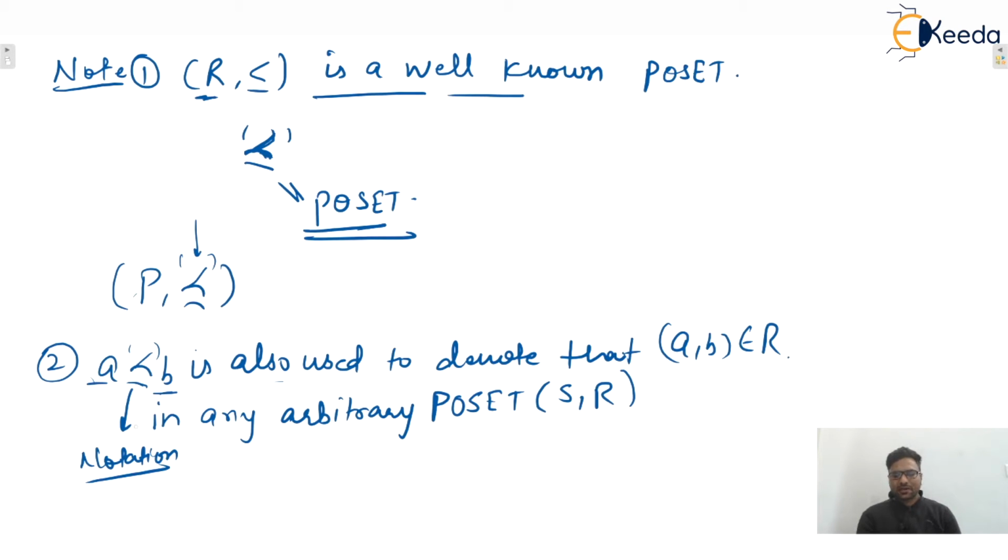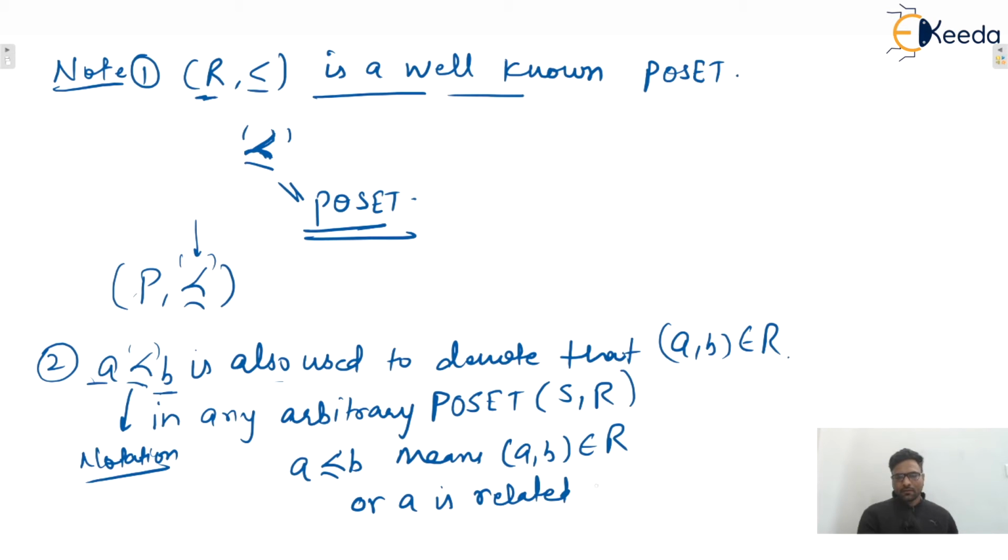I hope this is clear to everyone. So when it is written like this, it means (A, B) belongs to relation R, or A is related to B in the relation R.